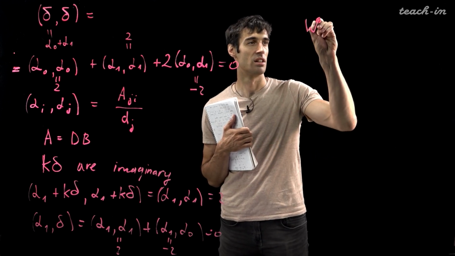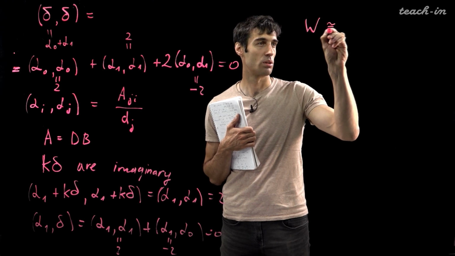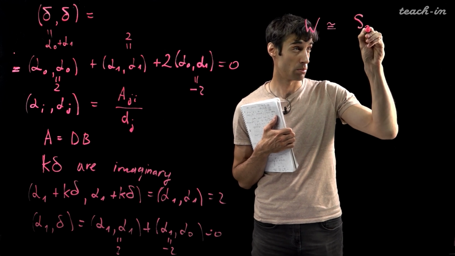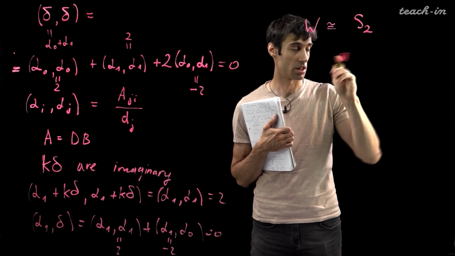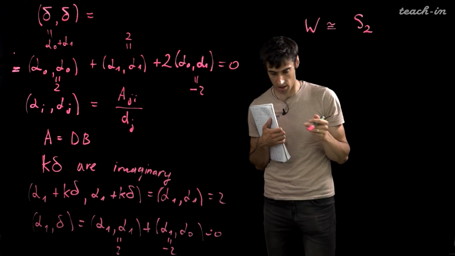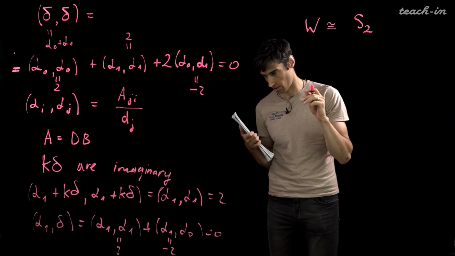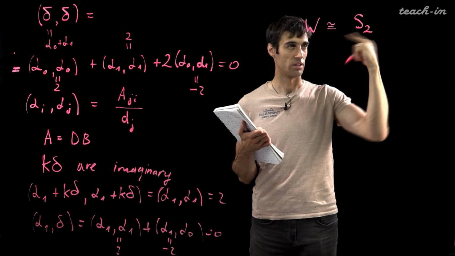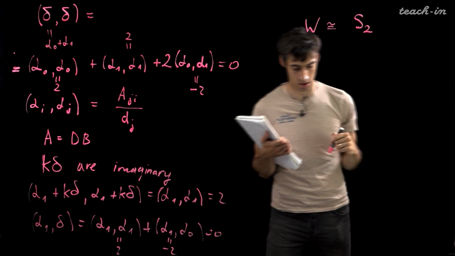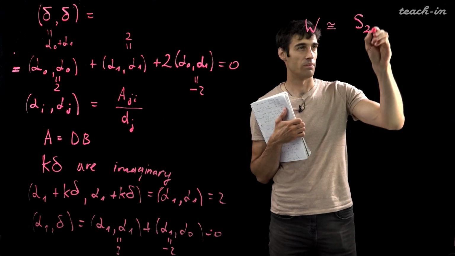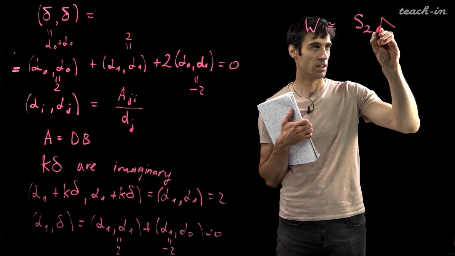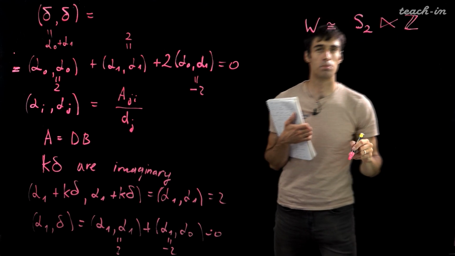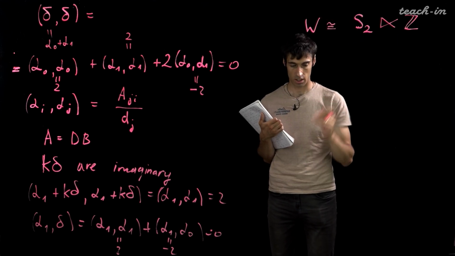In this case, it is isomorphic to the Weyl group of SL2, which corresponds to one reflection on a real line, and then a semi-direct product with Z, and this Z corresponds to translations.